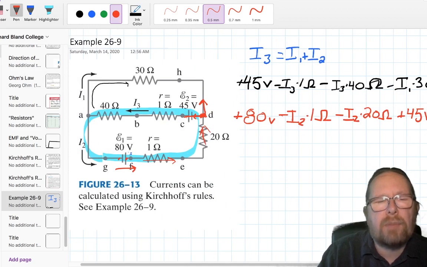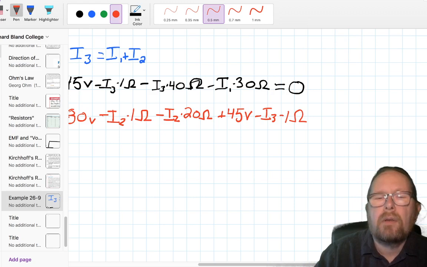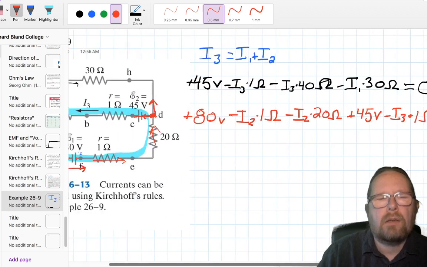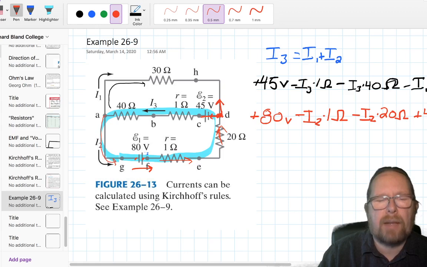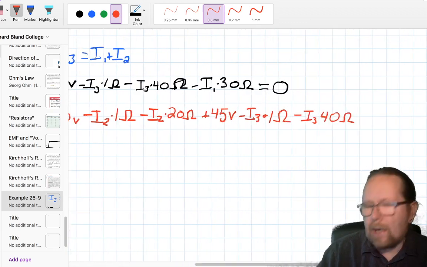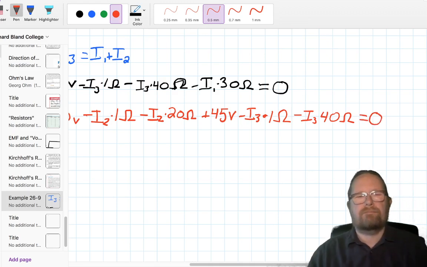I'm still in the I3 part of the circuit, so that's going to be a potential drop of minus I3 times 40 ohms. Then I get to A. Our currents are back together. I'm in the I2 part of the circuit, and there's no more resistors before I get back to G. So now I'm back to where I started, and I know that that total change in potential is 0.